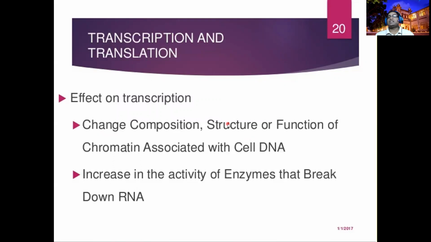And transcription and translation. This is a part of the protein synthesis, right? In the process, DNA is transcribed into mRNA, from a double strand to a single strand. For protein synthesis, the coding will get disturbed.